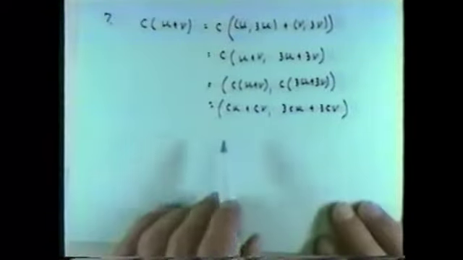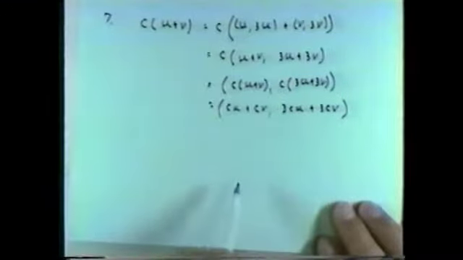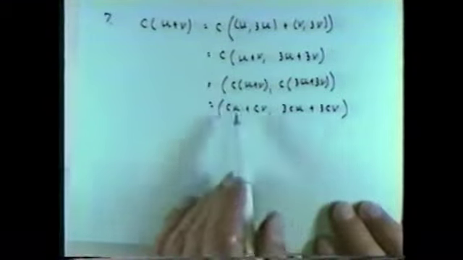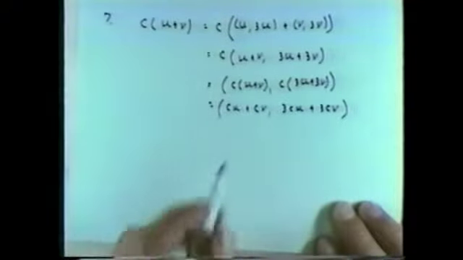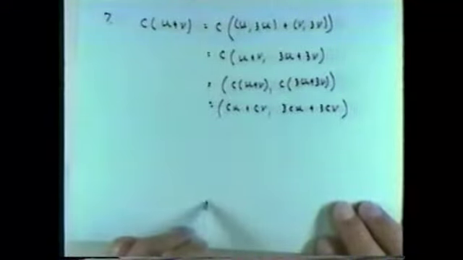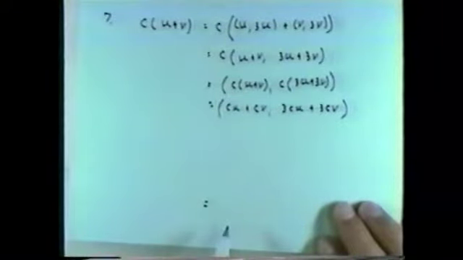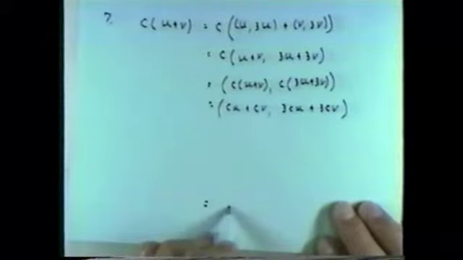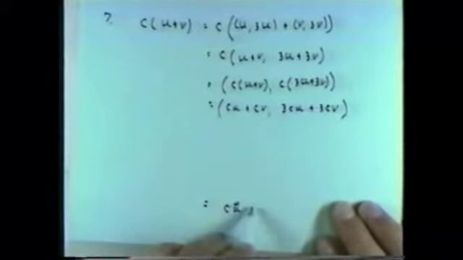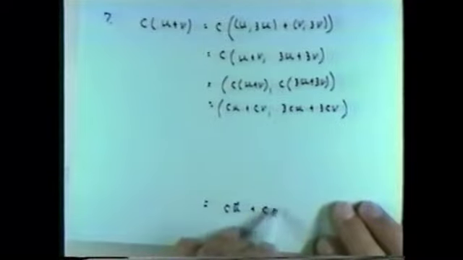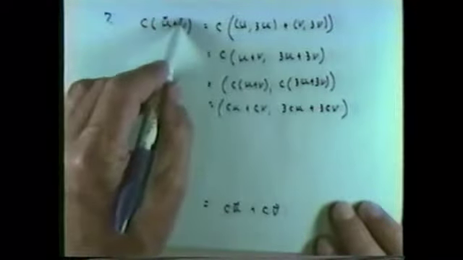Let me show you something that some people do. The next step here is really fairly obvious, but sometimes people get in a bind and can't make the connection. What you can do, without anyone seeing it once they read all the way through, is go down to what you're trying to prove. What I'm trying to prove is cu plus cv, so that's what I should end up with.